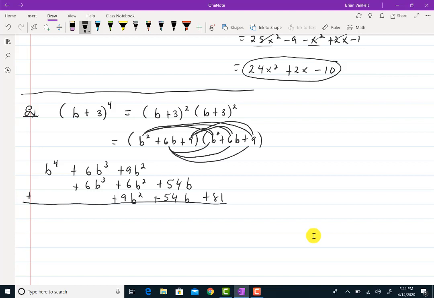Let's add them up. b to the 4th, I have 12b cubes. Of the b squareds, let me see, I have 9 plus 6 is 15, 24b squared plus 108b plus 81.